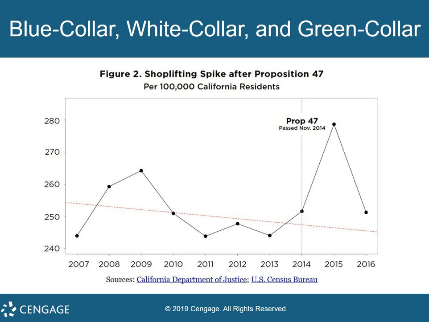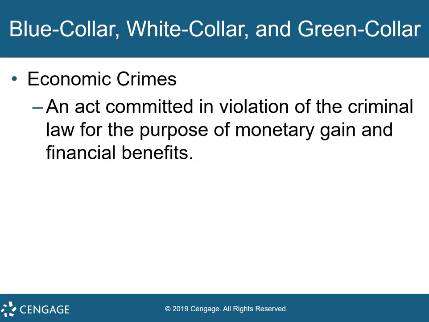We had a spike from 2007 to about 2009, then a drop, and it was kind of up and down here and there. But in 2014, with the passing of Prop 47, you now start to see quite a significant increase in 2015, but then quite a bit of a decrease in 2016. So just again, food for thought as we go through this chapter on economic crimes.